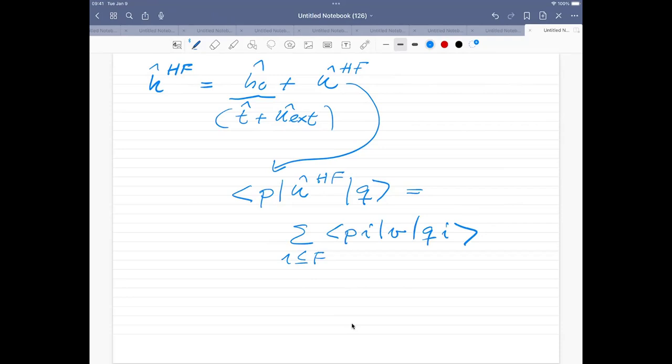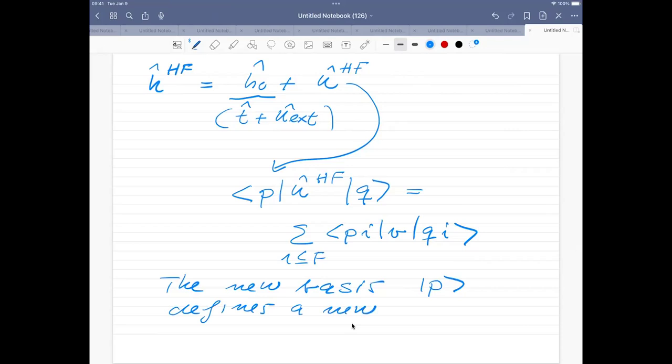What we are also going to get now is that this new basis defines a new Slater determinant. The new basis p defines a new reference state as a Slater determinant, if we're looking at fermions only.